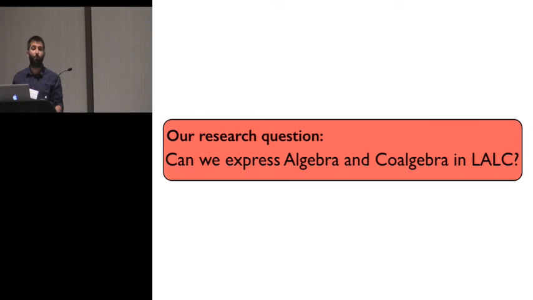So if we can encode them in the language, we can encode inductive and co-inductive data types. And the second reason is that the language that I'm considering is a subsystem of System F, where we know that we can encode some form of algebras and coalgebras. So if we succeed in encoding algebras and coalgebras in this language, we also know that we can encode them in several subsystems of System F.